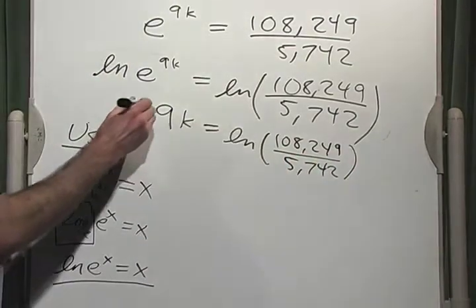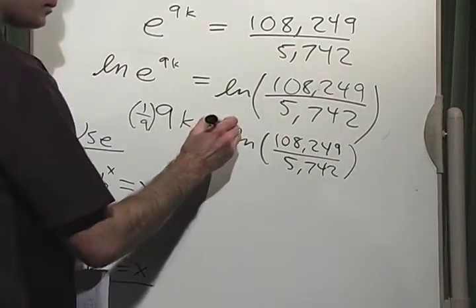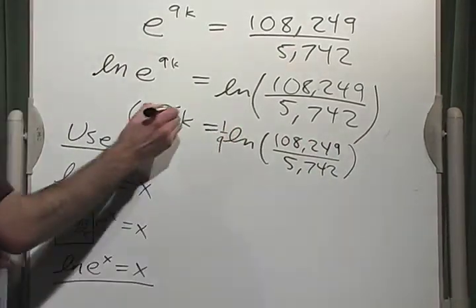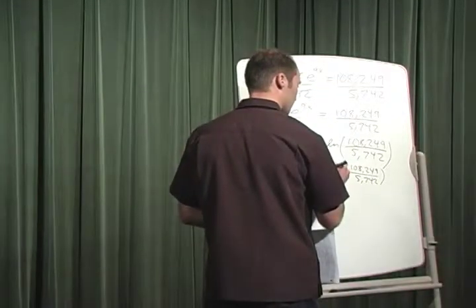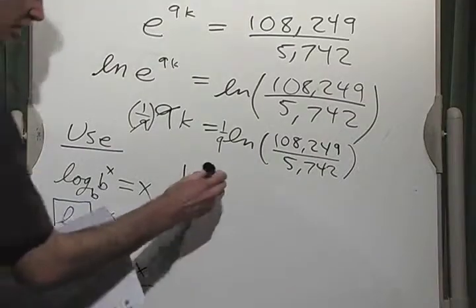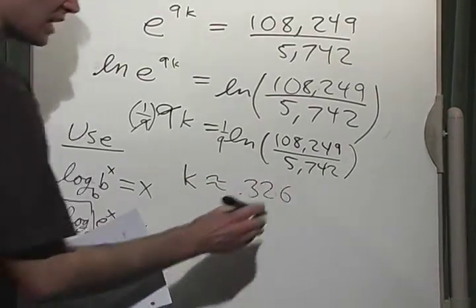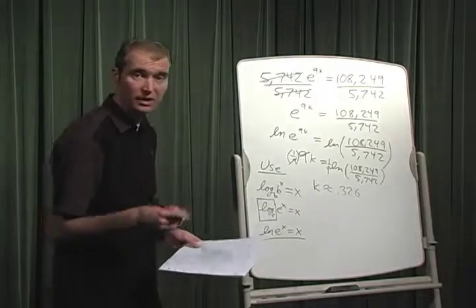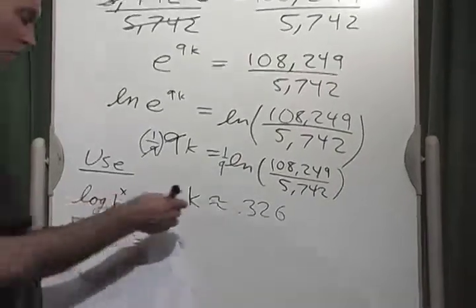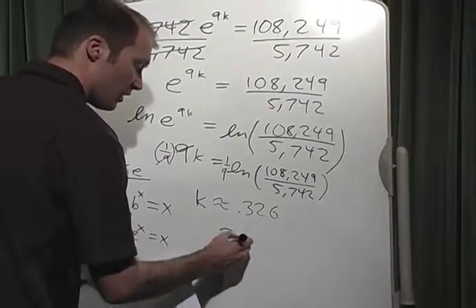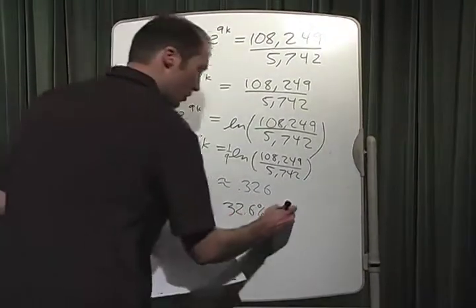If I just multiply both sides by 1/9, these will cancel each other out. Plugging this into my calculator, I'm going to end up with k approximately equal to 0.326. So in that period of time, Apple has been growing at the remarkable growth rate of 32.6% per year.